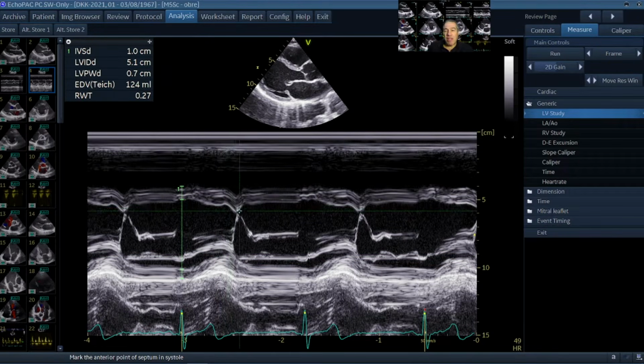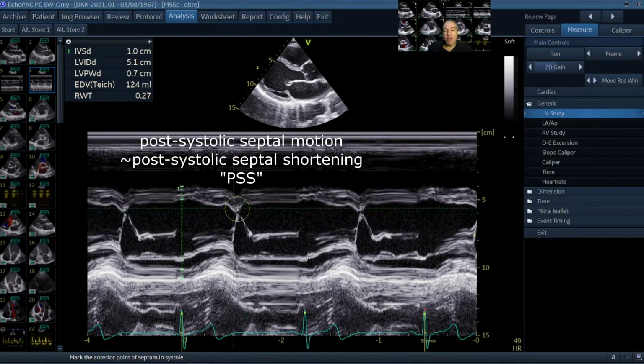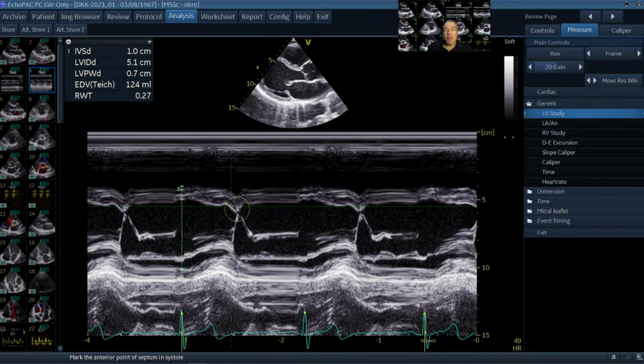And what we see here is some kind of post-systolic septal motion. Post-systolic septal motion, if you look that up or if you read about it, it can be a sign of ischemia, but it's also normal in healthy persons to some degree. So it's not the maximum inward motion of the septum which defines end systole here, it's more the maximum inward motion of the posterior wall. And that is a physiologic post-systolic septal motion.